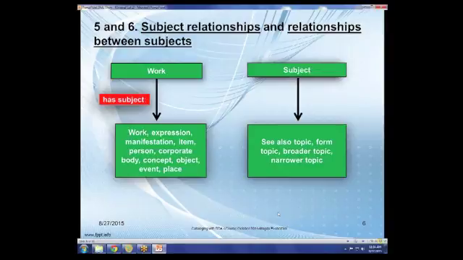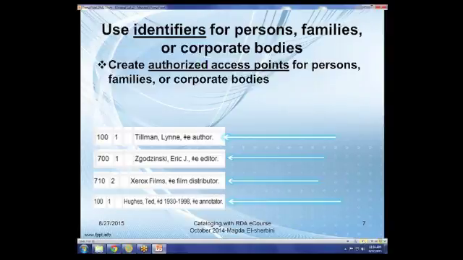So ideally then these two works will both use the same or similar subject keywords, and we can also relate different subject keywords to each other using see also or see instead cross-referencing in the authority files.